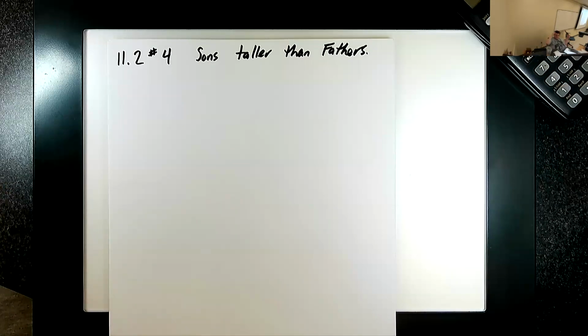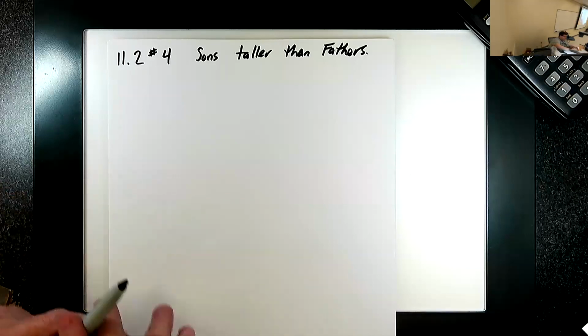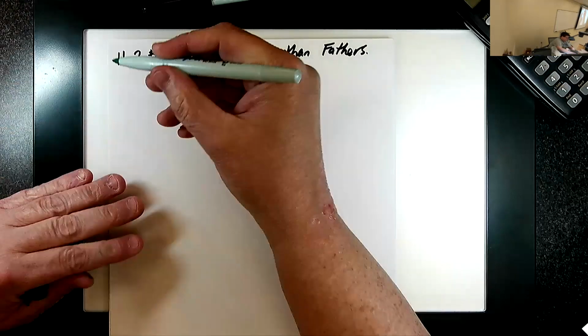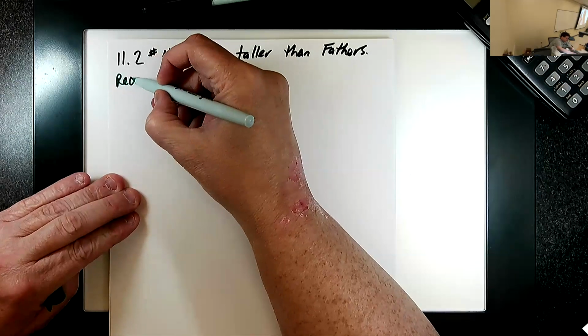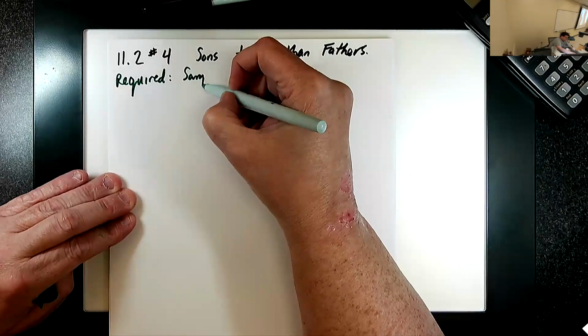So first off, it asks what conditions must be met. Required conditions. Samples are dependent.